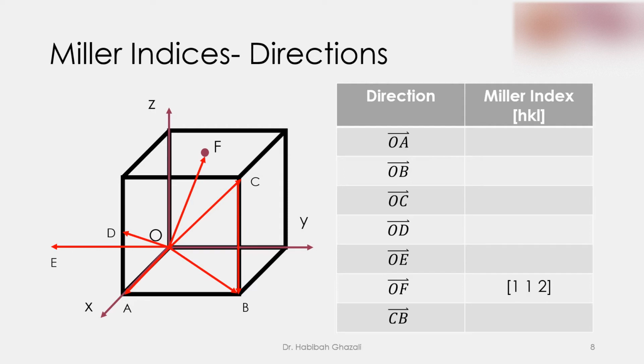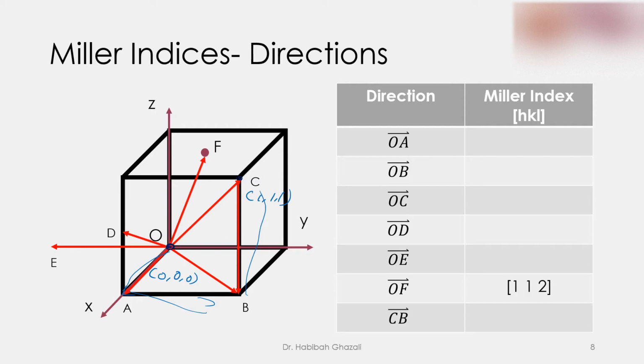The first step that you need to do is to find 2 points in that direction. The easiest points are the tail and the head. For this one, the coordinate of the tail is 0, 0, 0, and the coordinate of C is 1, 1, 1. So it's 1 unit in X direction, 1 unit in Y direction, and 1 unit in Z direction.